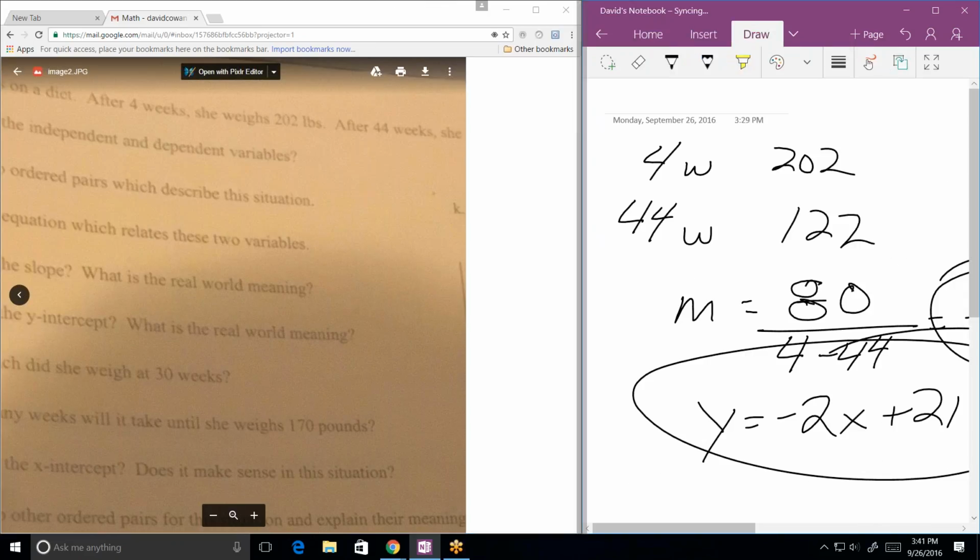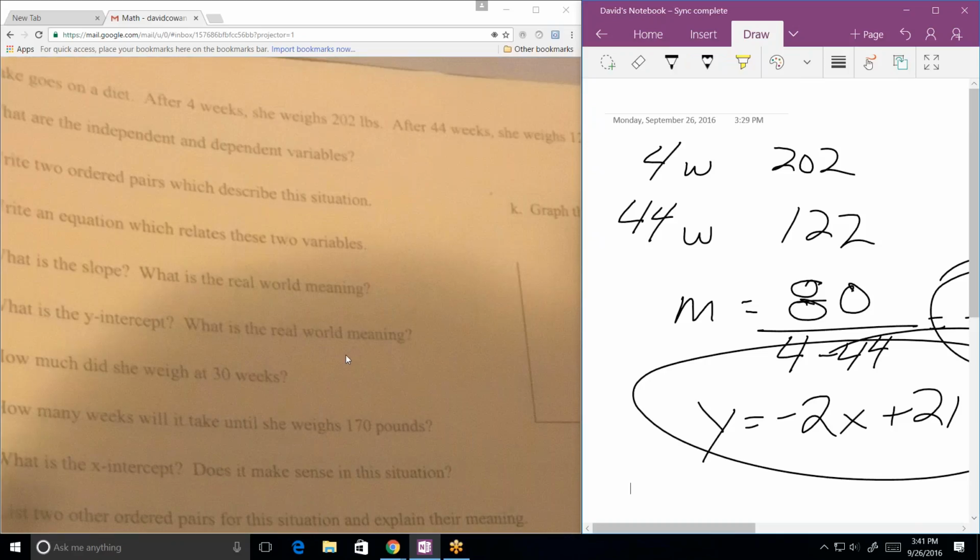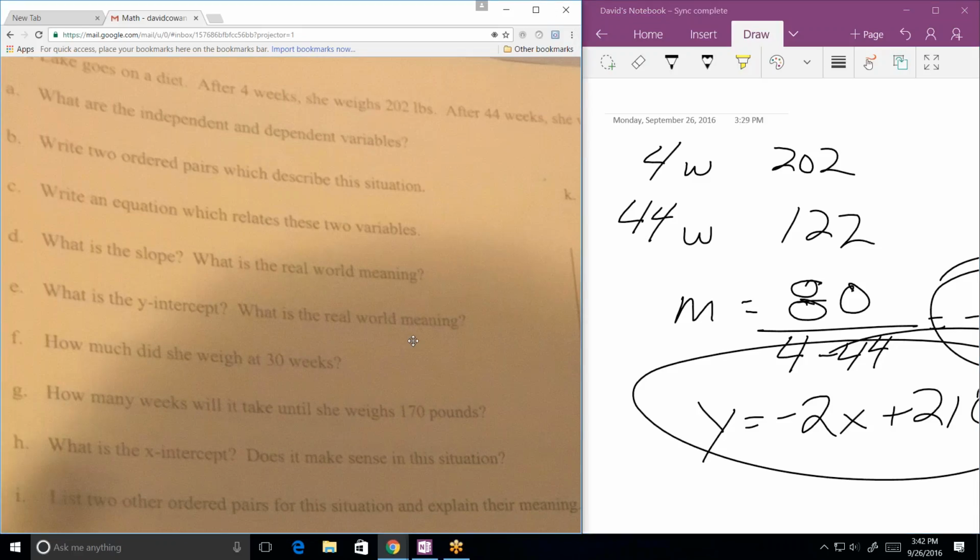The weight that they start at. Well, the y-intercept is 210. And the real world meaning of that was, you're correct, that's what she would have started out at. Notice they never gave us that. They told us what her weight was after 4 weeks and again after 44 weeks. So they didn't tell us what she started at. But the real world meaning would be that's what she weighed at the beginning.